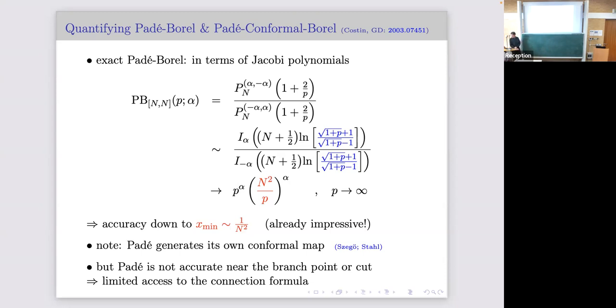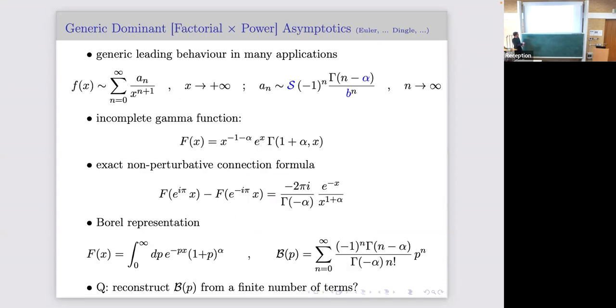We can use the uniform asymptotics of this to get some estimates. So just remember that this expansion here is at small p. That corresponds to the large x behavior in this function, out at plus infinity. But now suppose you want to extrapolate down to small x. And what you need to know is what's the large p behavior.